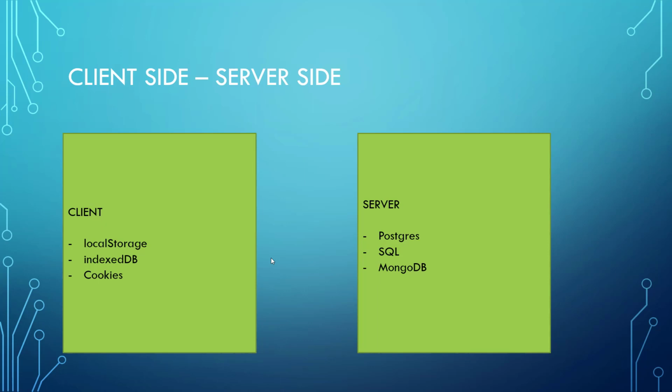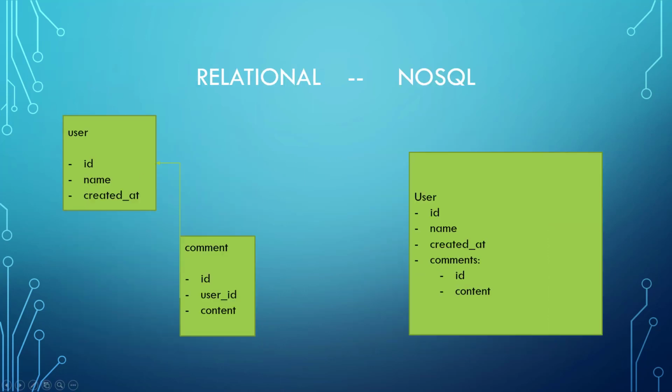When you hear those terms, that's how you basically have to think about them: in which category do they fall when it comes to storage and where the storage happens? But to understand this a little bit better, let's look at how data could potentially be stored, right?